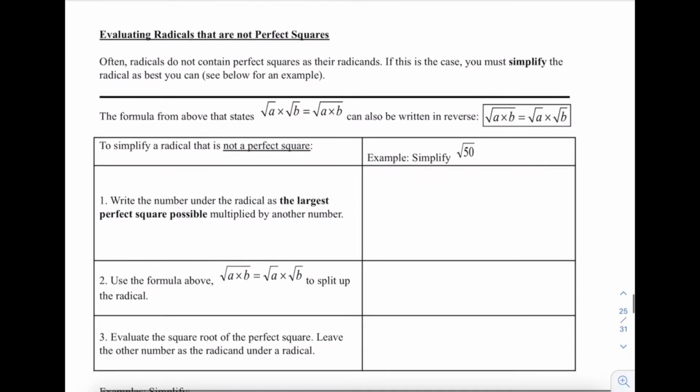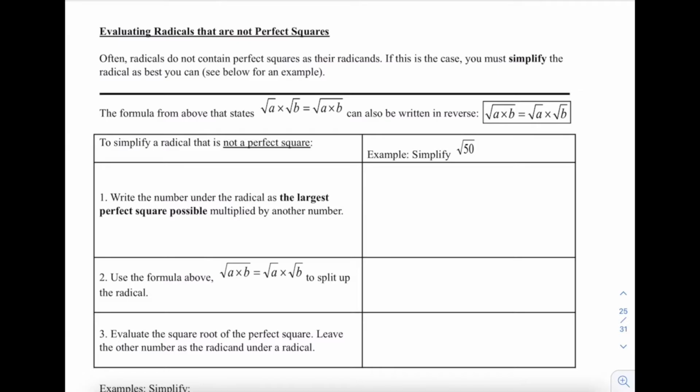So this is new. I don't think you've seen this before. If I asked you to take the square root of 49, that's pretty easy. That's just 7. But if I asked you to take the square root of 50, well, that's a decimal. So in this unit, when we ask you to reduce a radical, we don't actually want a decimal. I want to show you a way to reduce this radical so that it's still exact.